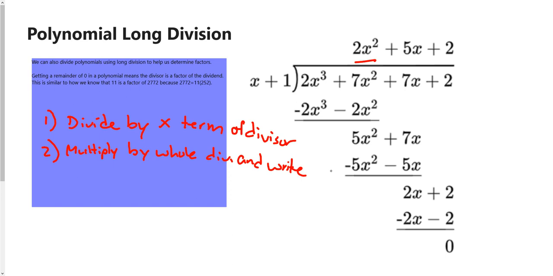Okay, but now wait a minute. You might notice that the signs are different. 2x squared times x is not negative, it's positive 2x to the third. 2x squared times 1 is 2x squared. But then why are there minus signs here? It's because the next thing that you have to do is subtract.